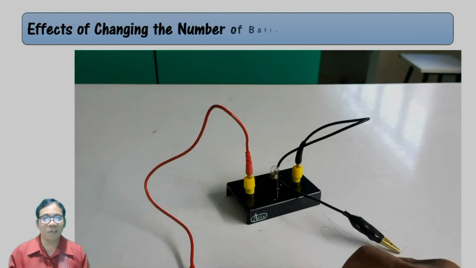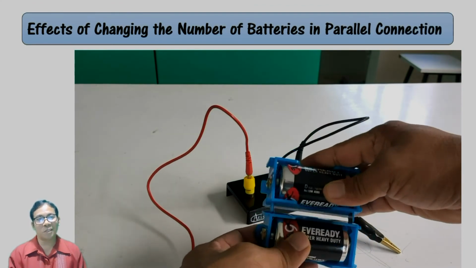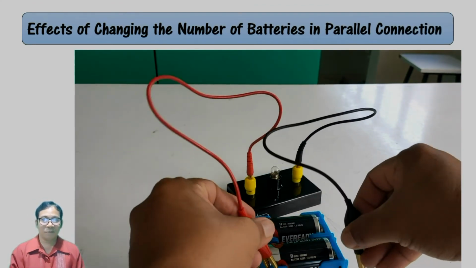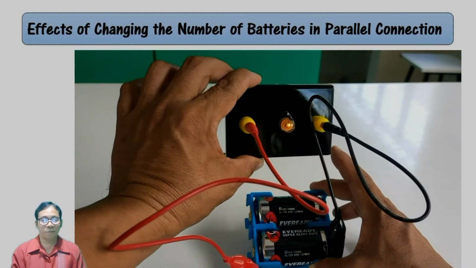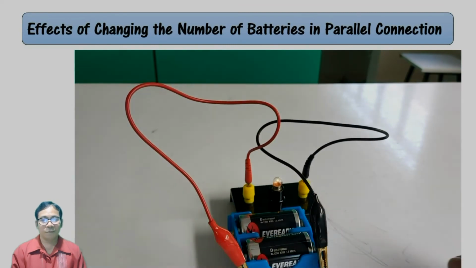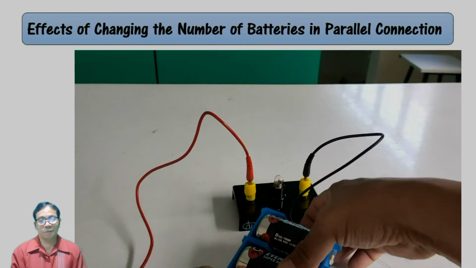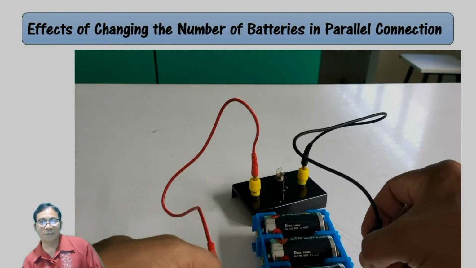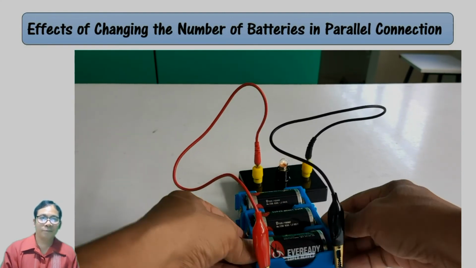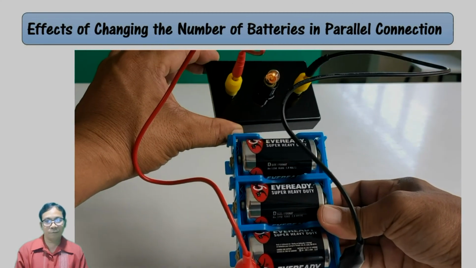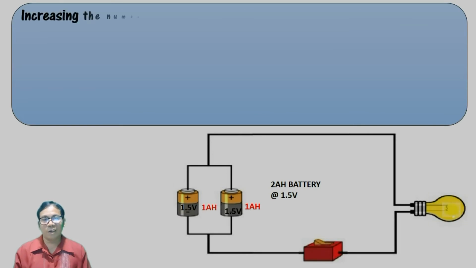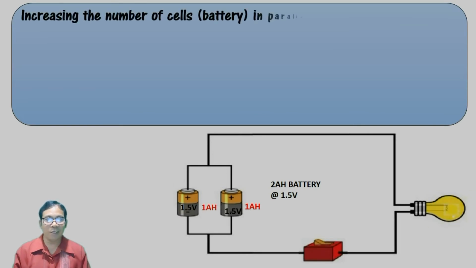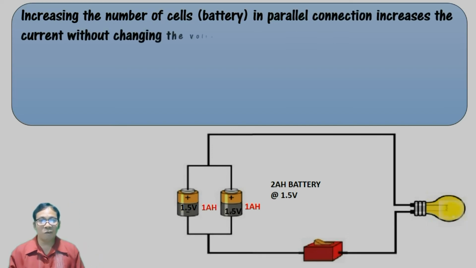Decreasing the number of cells or batteries connected in series decreases the brightness of the bulb. Effects of changing the number of batteries in parallel connection. Increasing the number of cells or batteries in parallel connection increases the current without changing the voltage.